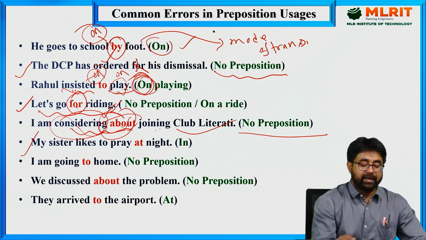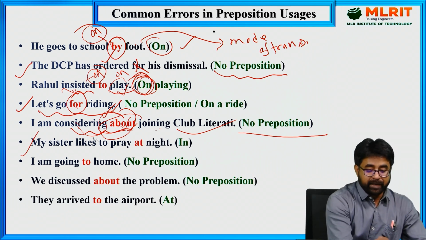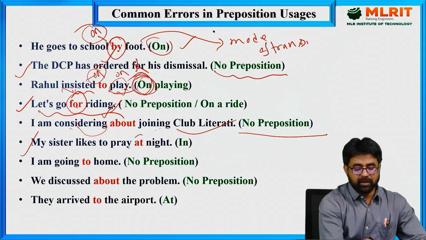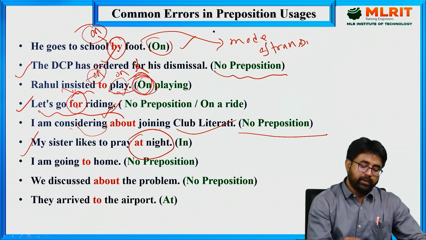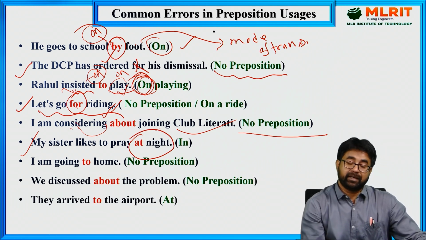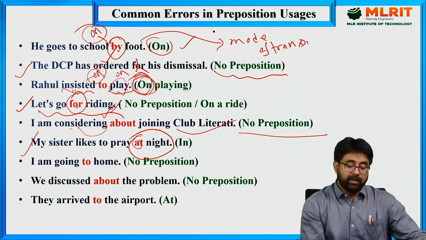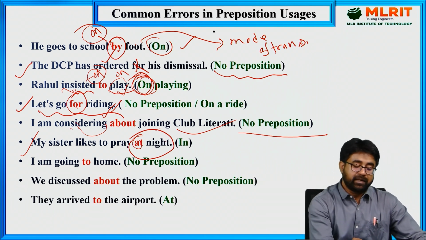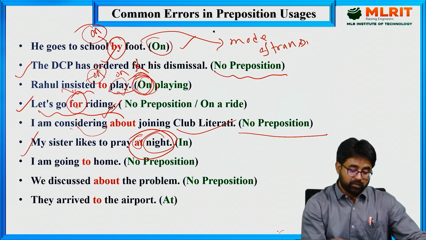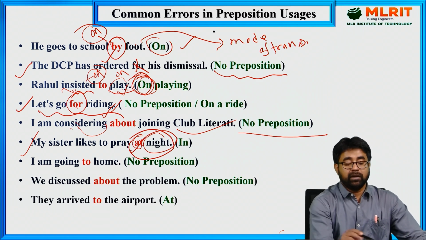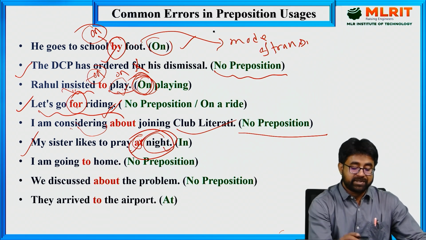Fine. Now next one, my sister likes to pray at night. Now again, normally when we were dealing with prepositions of time, we saw that at is a preposition of time. But then we need to remember that with the word night, we cannot use the preposition at. Night always takes what? In.